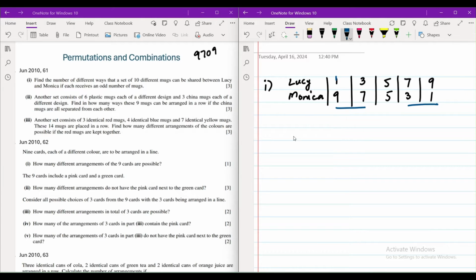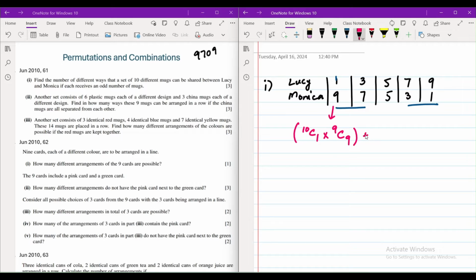So for the first two, we will times it by 2. Actually, let's go one by one. So this one is 10C1 times by 9C9, right?